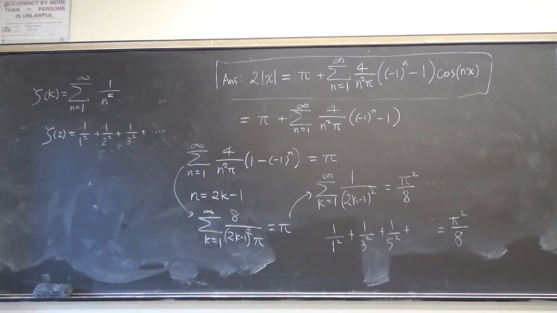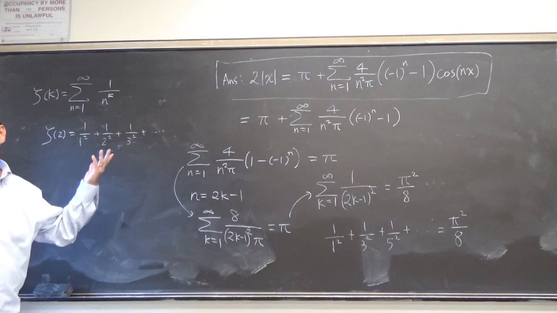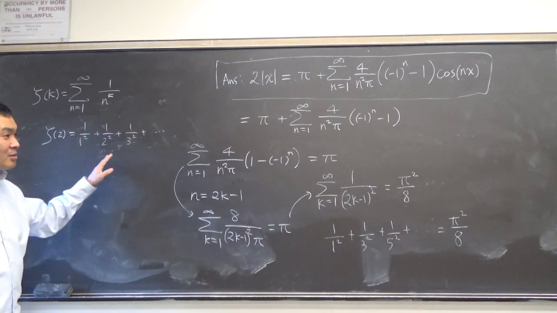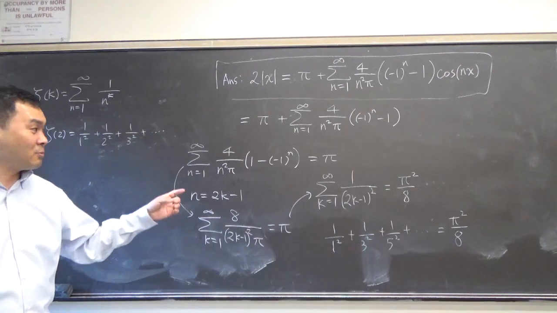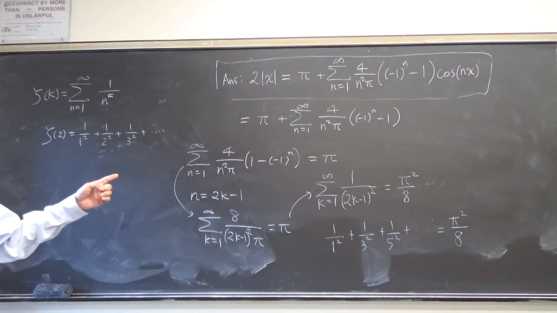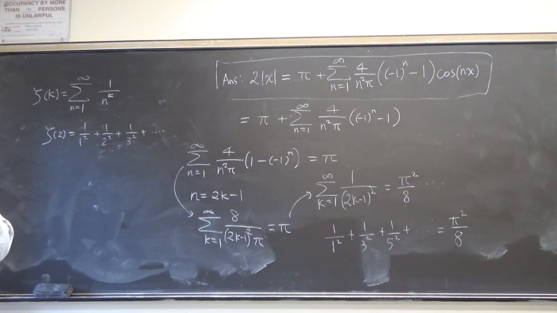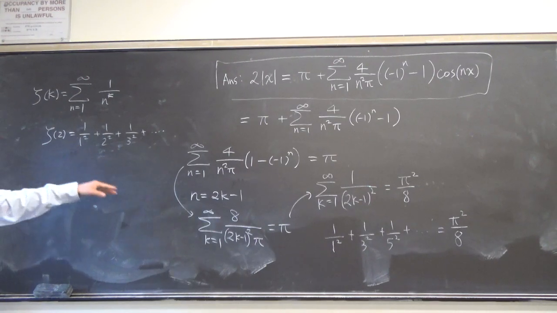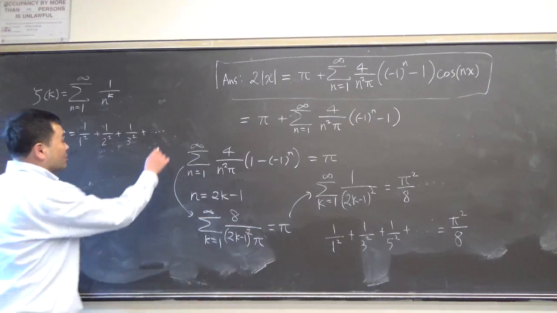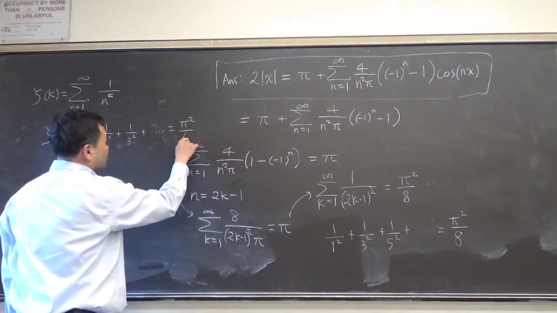Does anyone know the exact value of this sum? You don't see it in calculus ever. You can get it using one of the Fourier series, and using an argument similar to this, you can get pi squared over 6.